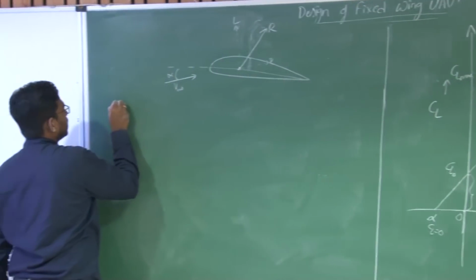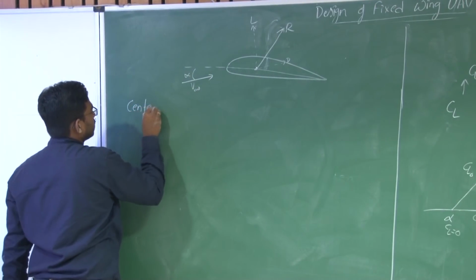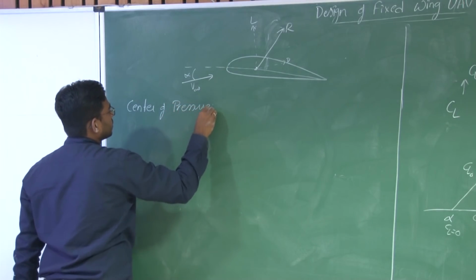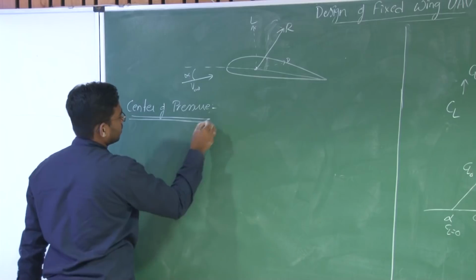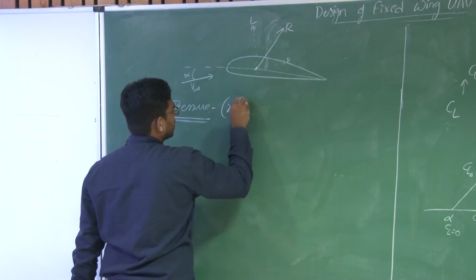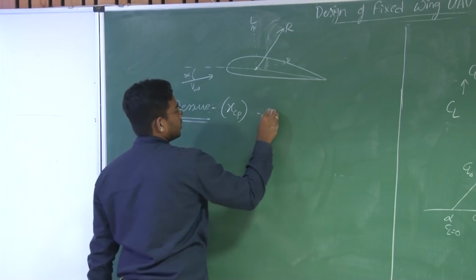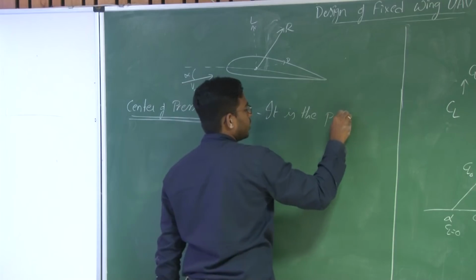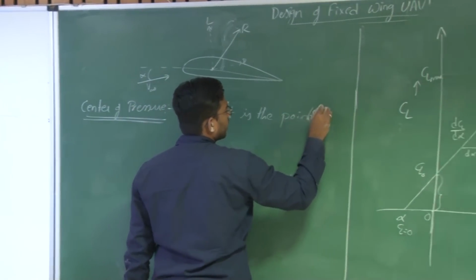So let us define center of pressure, right? You call it X Cp. It is a point mostly on the chord line, right?